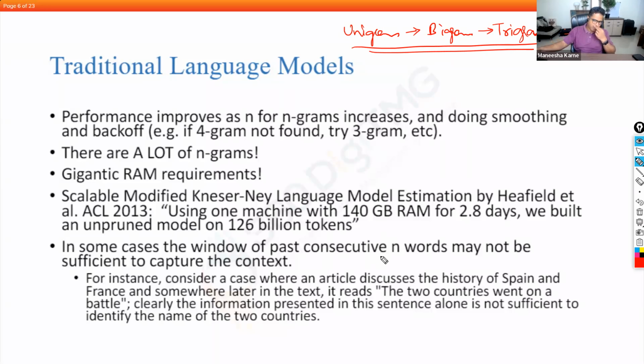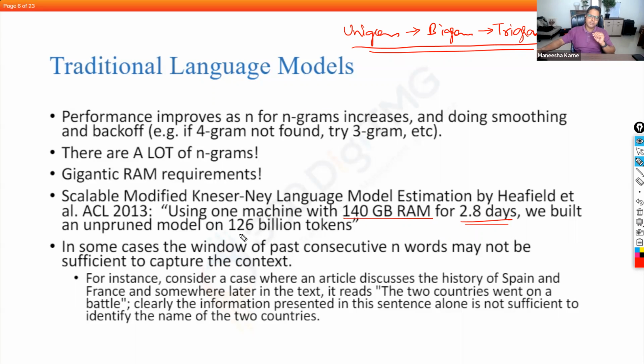There were days when people experimented to perform probably 4-grams, etc. And this is what they found. They took a specific machine, used 140 GB of RAM, and ran it for 2.8 days.